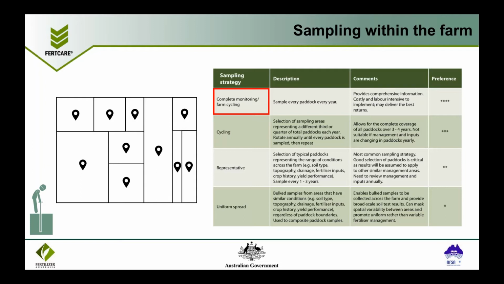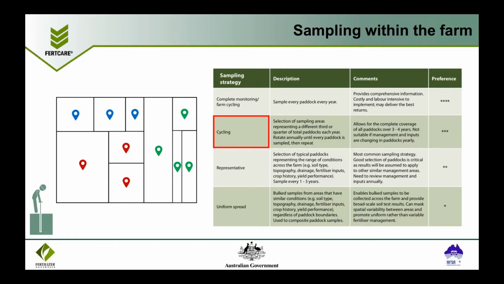So you get quite comprehensive information this way, but you do have to offset that by considering the cost in terms of labour, the cost of the analysis, but you may get the best returns from that as well.